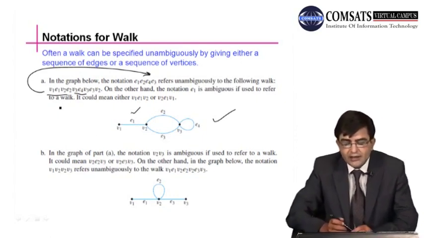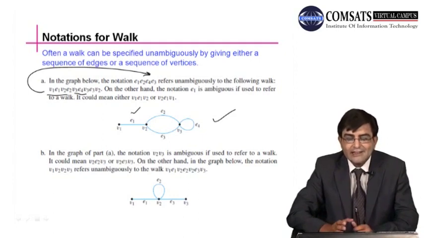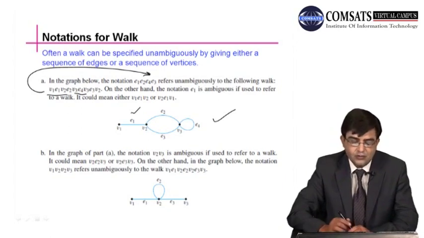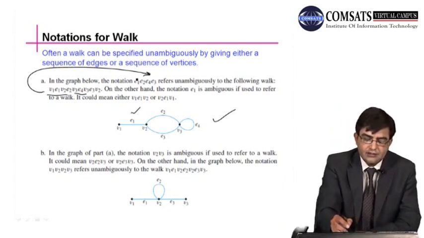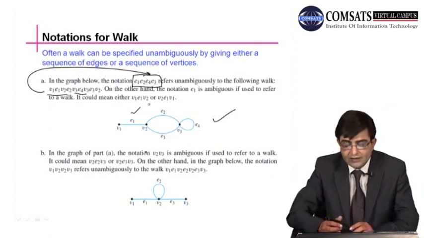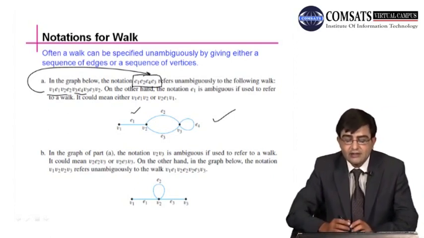So instead of writing an alternating sequence of vertices and edges, where there is no confusion, we can write such walks by denoting only the edges.